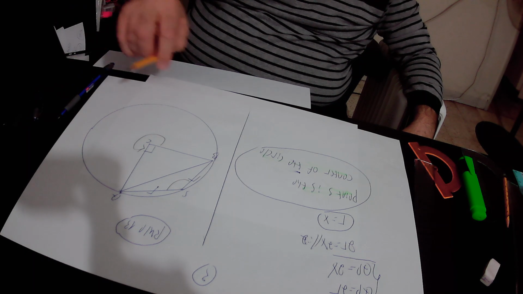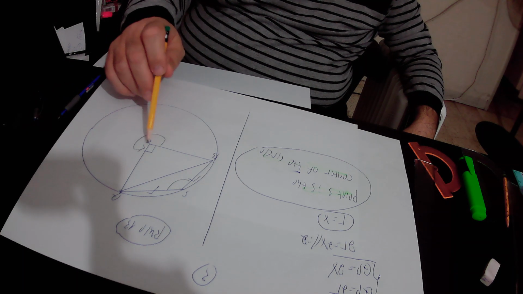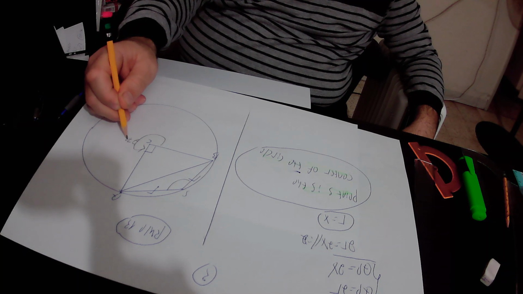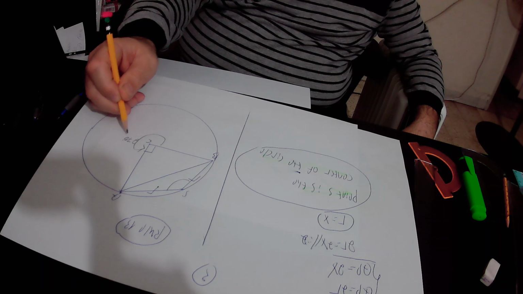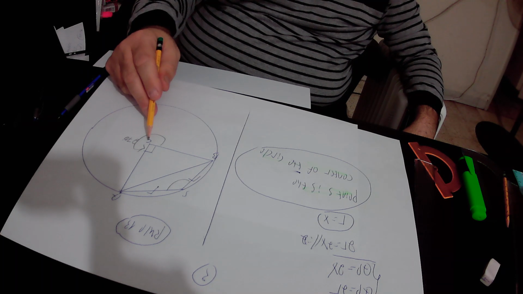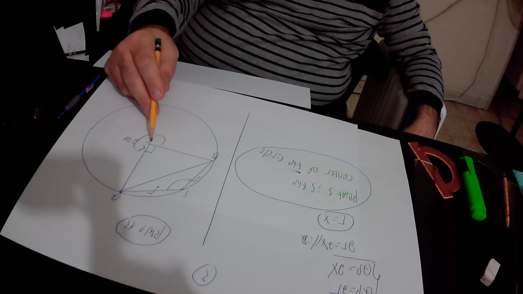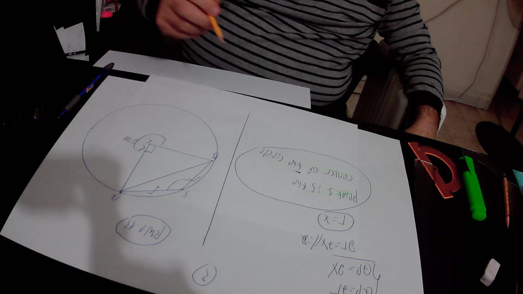Therefore, the missing angle must be equal to 270 degrees, in order to complete the sum of the angles around point C to 360 degrees. Because 270 degrees plus 90 degrees equals 360 degrees.